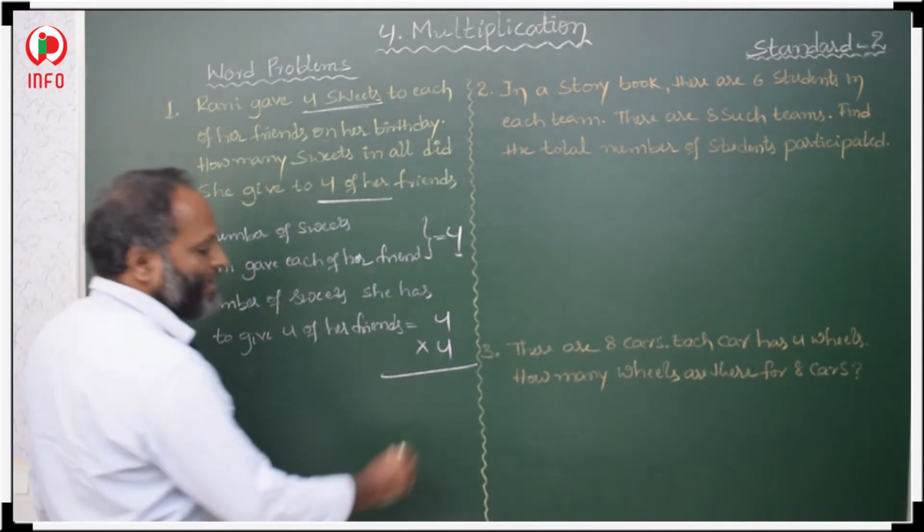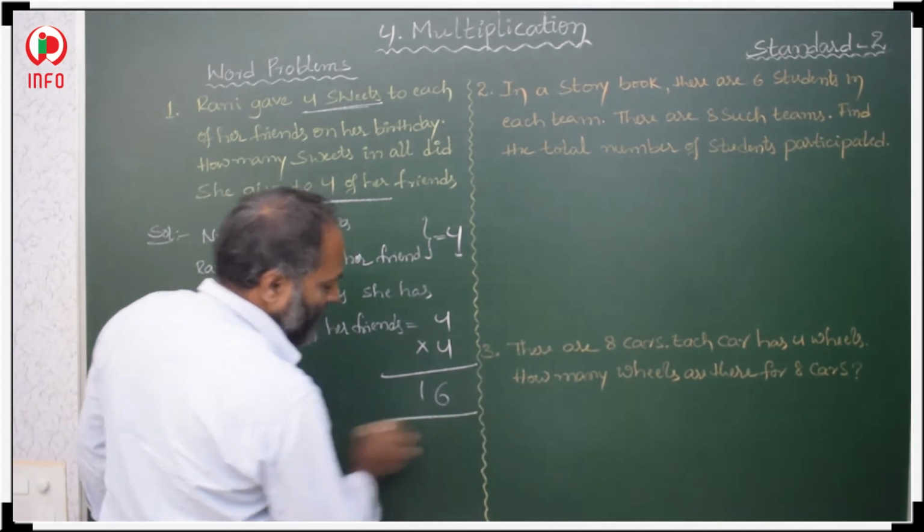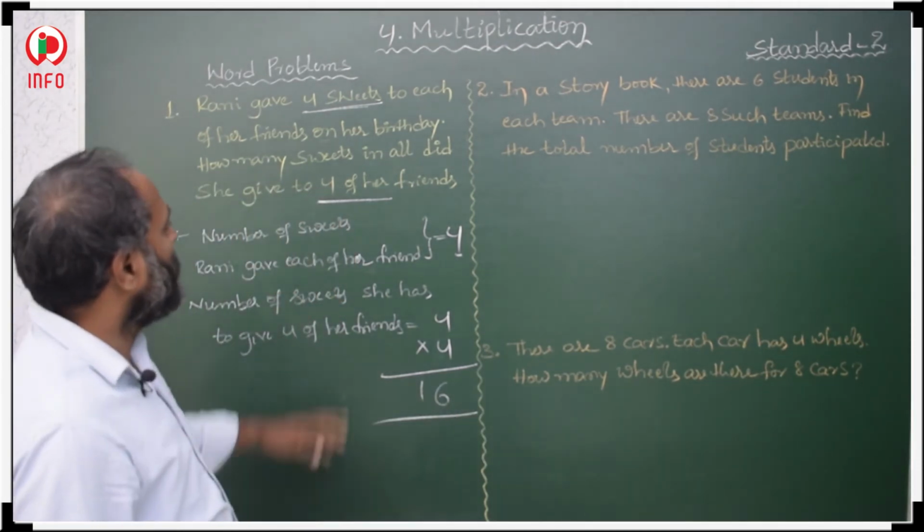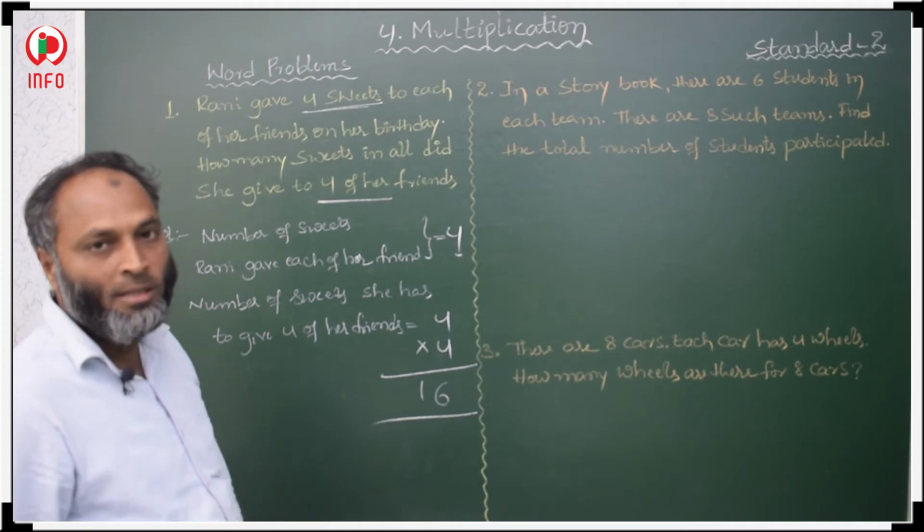Then 4 4s are 16. 16 sweets. How many sweets? She needs 16 sweets.